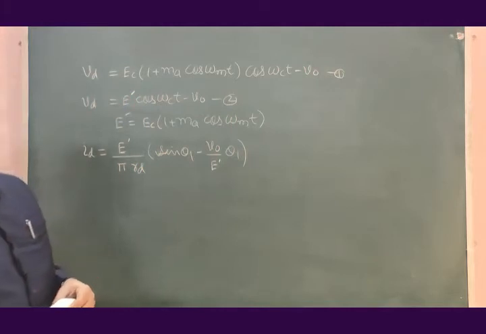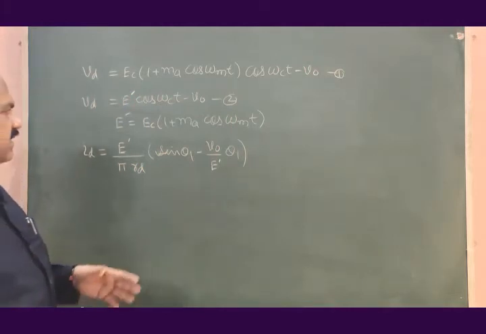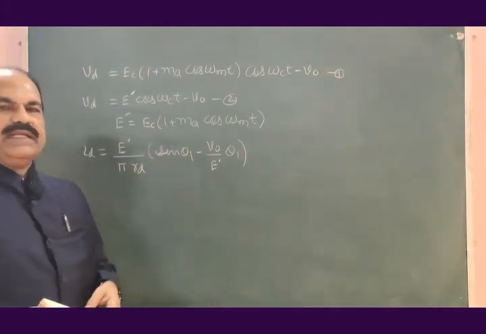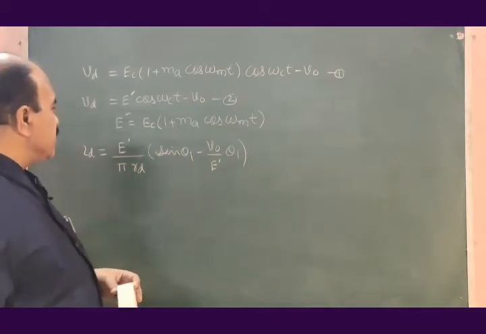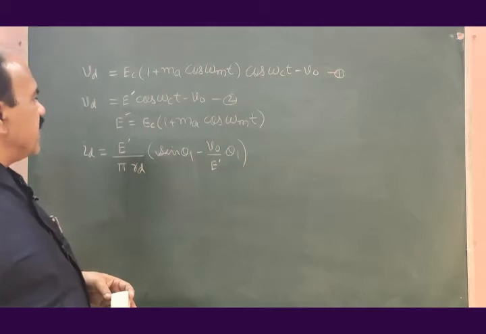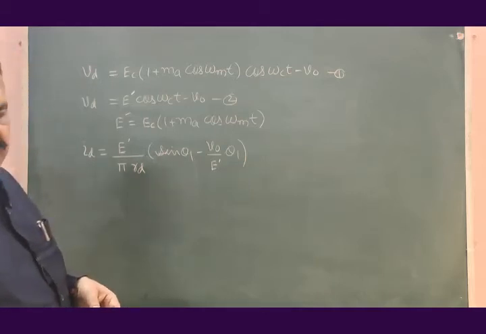Current flows from minus theta 1 to plus theta 1, and therefore let me write the current this way. ID is equal to E dash divided by pi RD into sin theta 1 minus Vo by E dash theta 1.